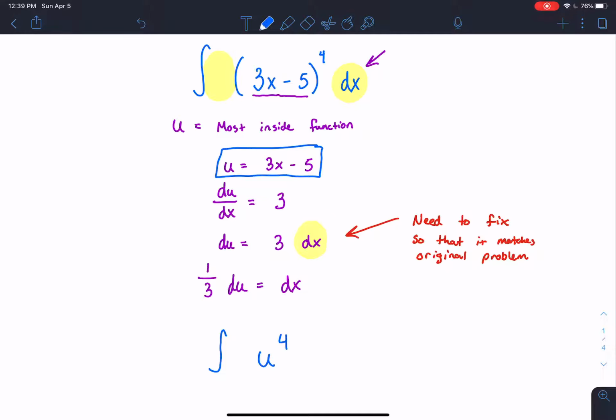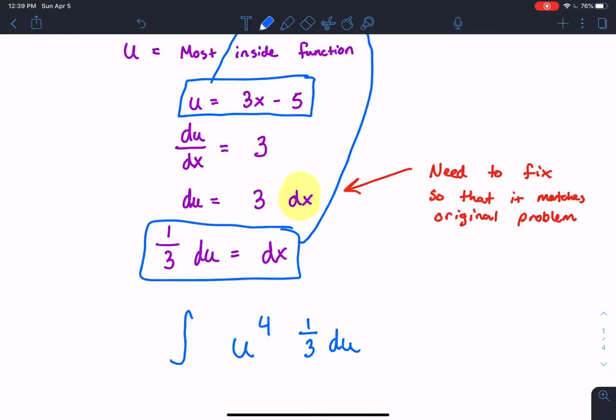And then dx, I'm going to replace with 1/3 du. So your u term replaces what you have on the inside, and your dx term gets replaced with the du term.